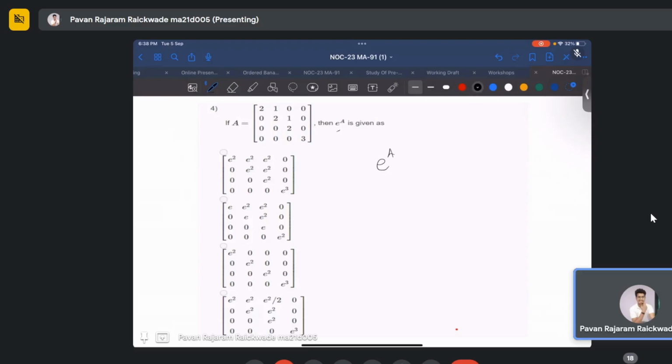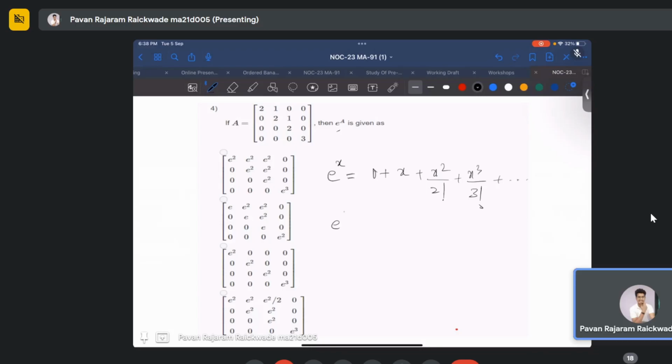Basically, we'll go by the series expansion. The whole formula is derived by series expansion. We'll see how it is. The e raised to x series is 1 plus x plus x squared by 2 factorial plus x cubed by 3 factorial, and so on. In this way, we'll proceed.